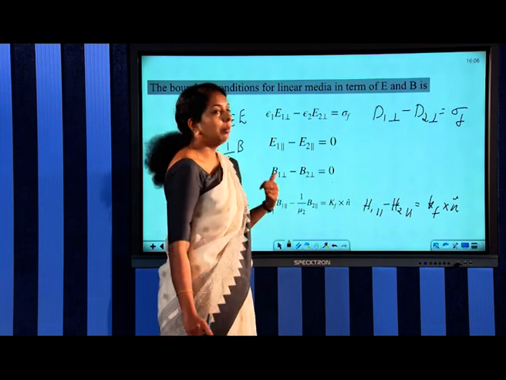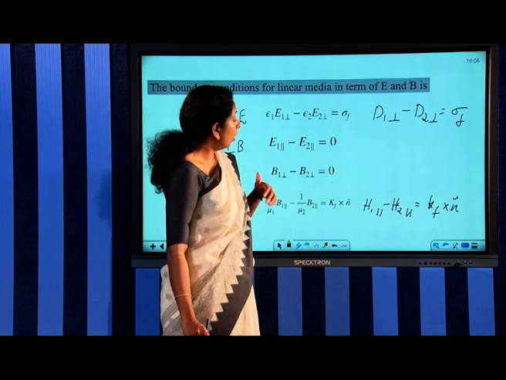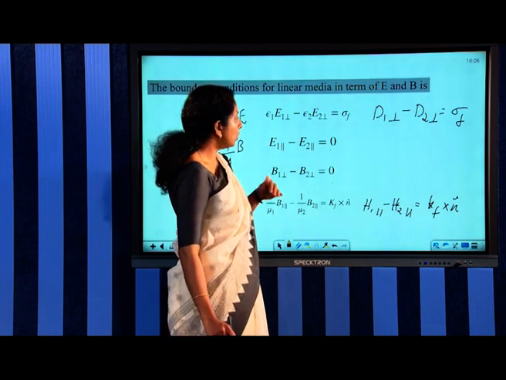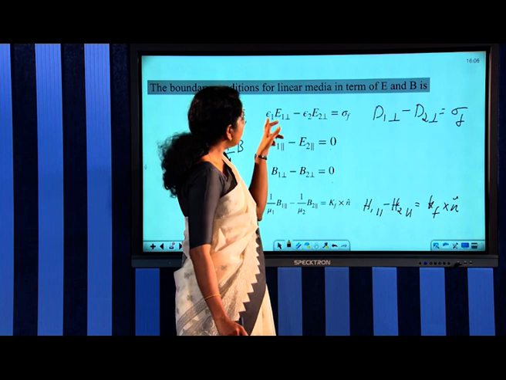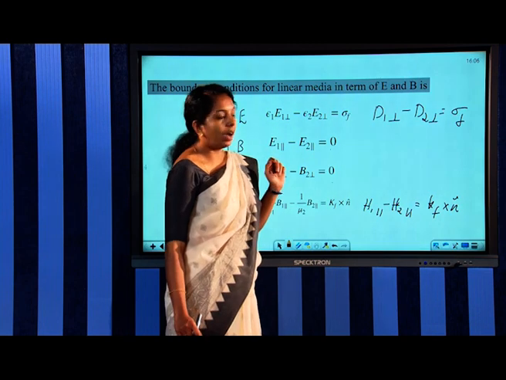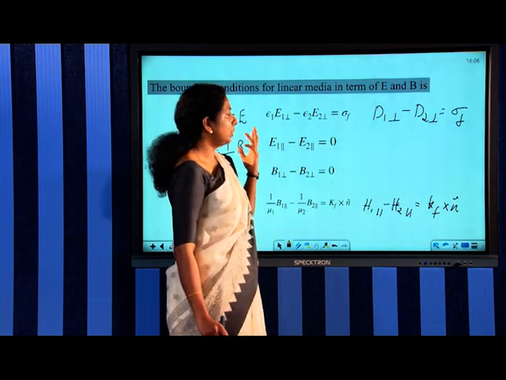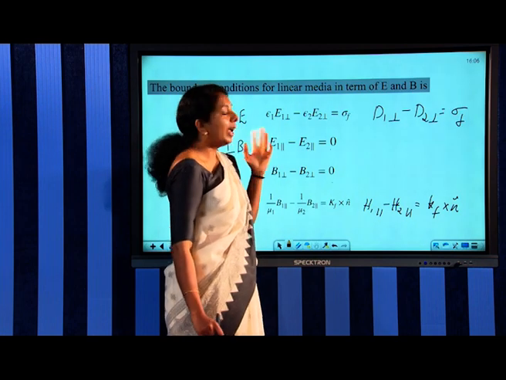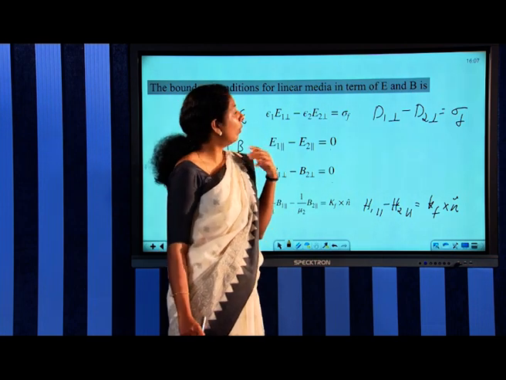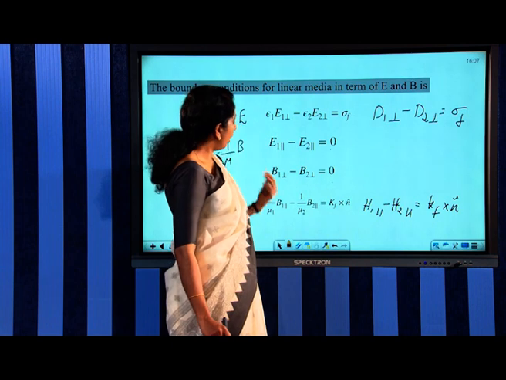Here mu 1 and mu 2 are the permeabilities of the two media, whereas epsilon 1 and epsilon 2 are the permittivities of the two media. So, the property entirely depends upon the medium, or the values of epsilon and mu.